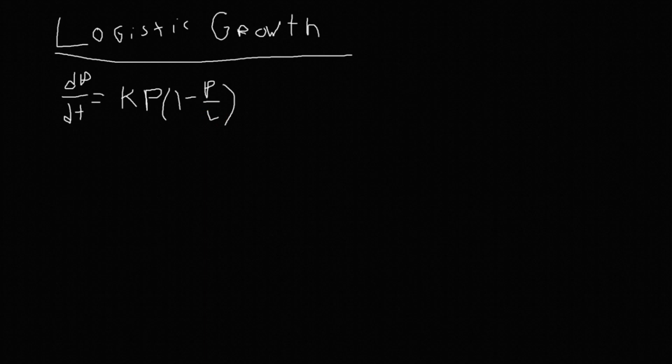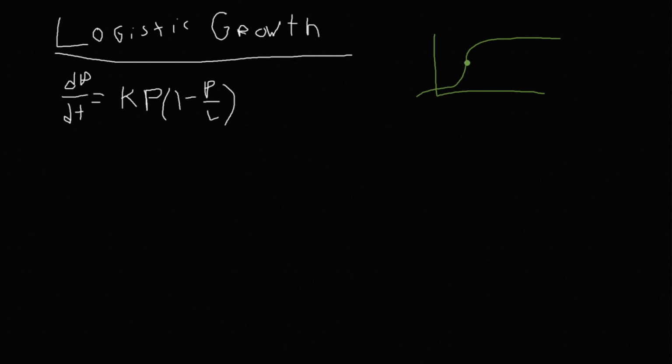And so what logistic growth looks like is you're going to have something where it's going to start speeding up really fast and then it's going to slow down and then it's going to stop.